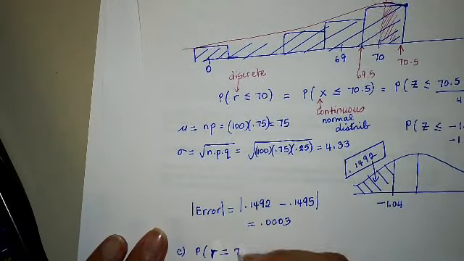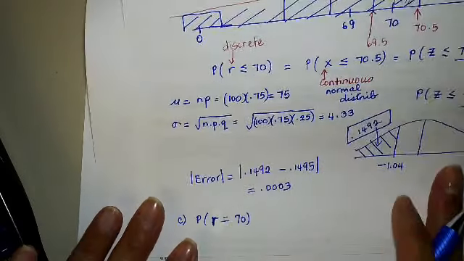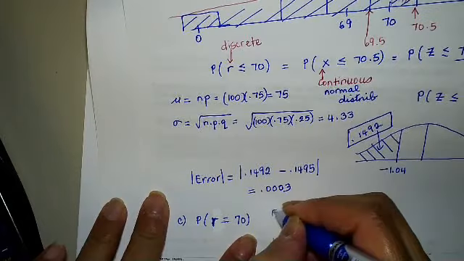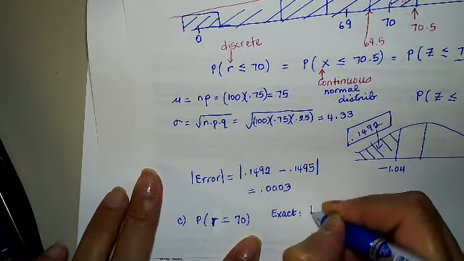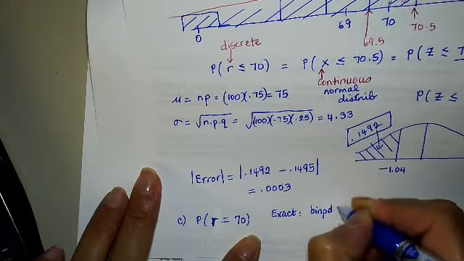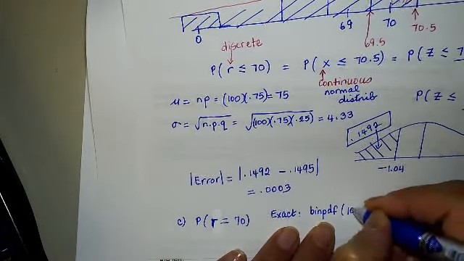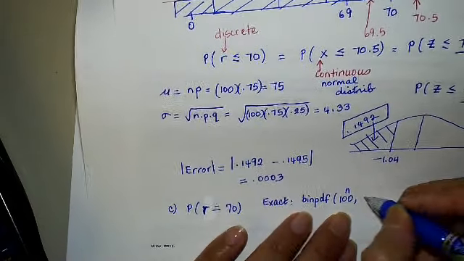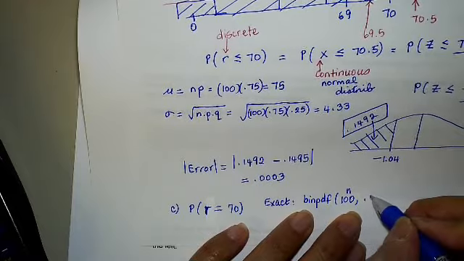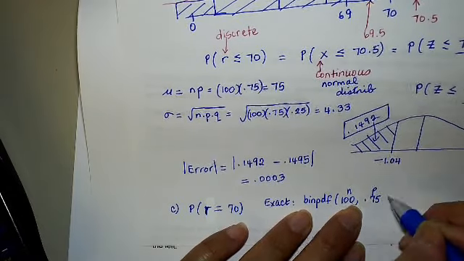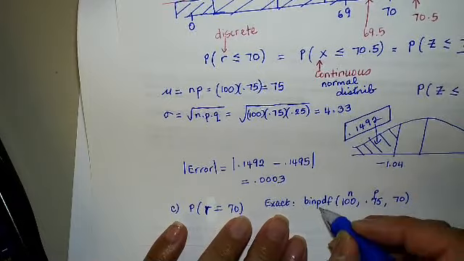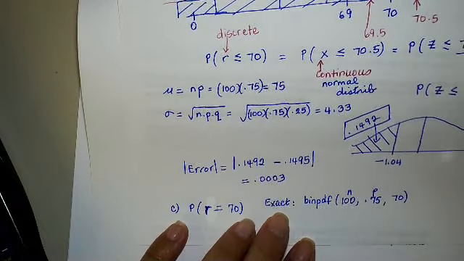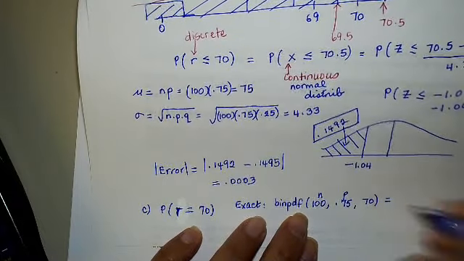So find the probability that r is equal to 70. If this was the question, then the exact answer would have been binomial PDF, n, p, 0.75 and r, which is 70.